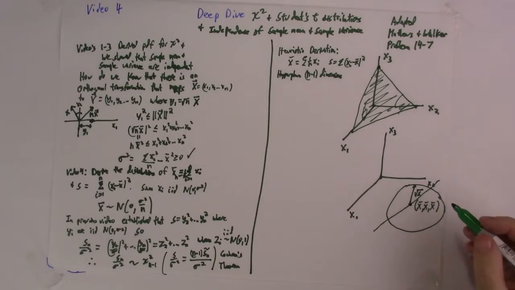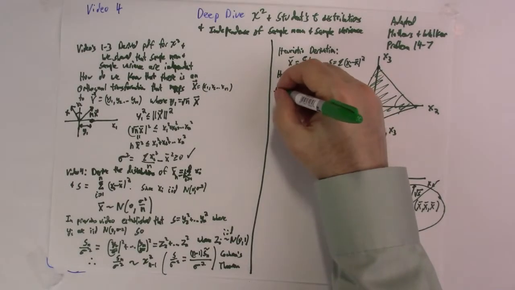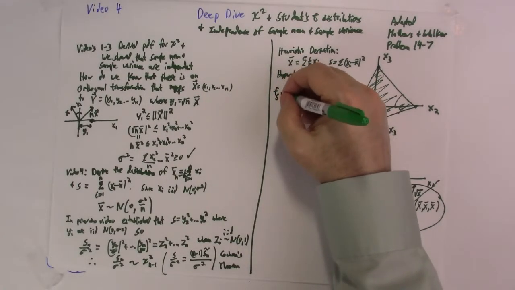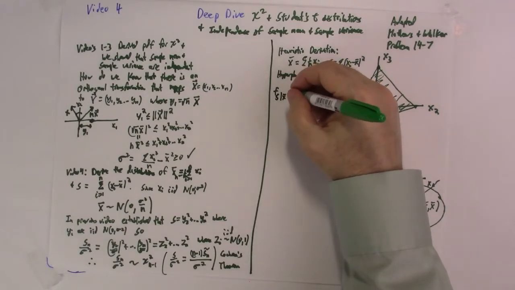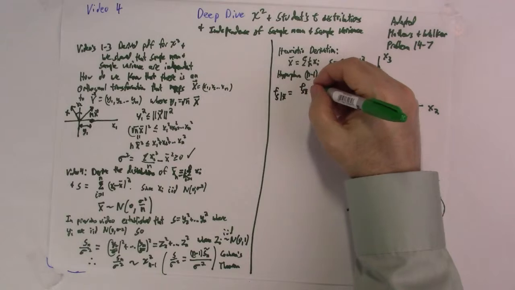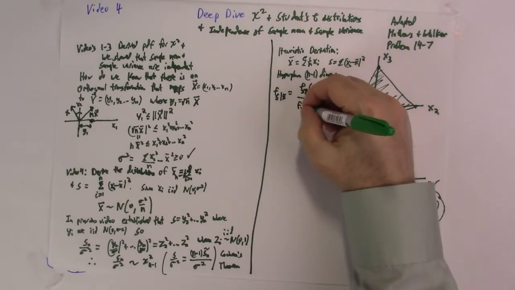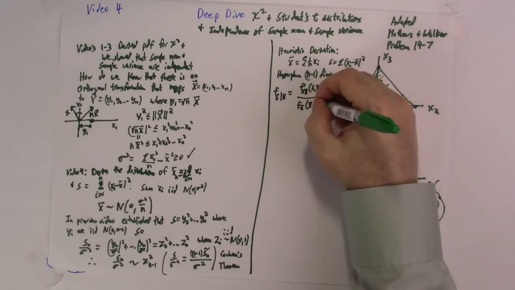So let's use those facts. Let's calculate the conditional distribution of s given x bar. This is defined as the joint distribution f of s and x bar divided by f of x bar.